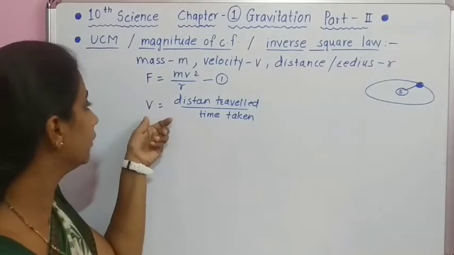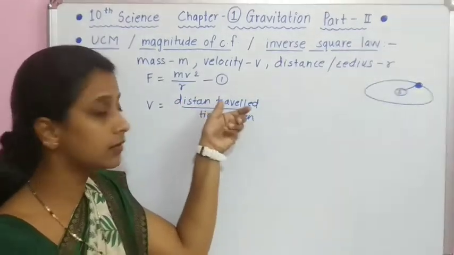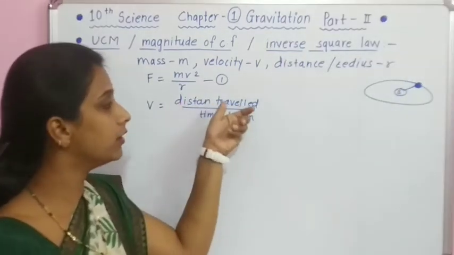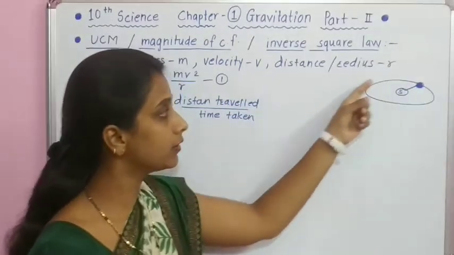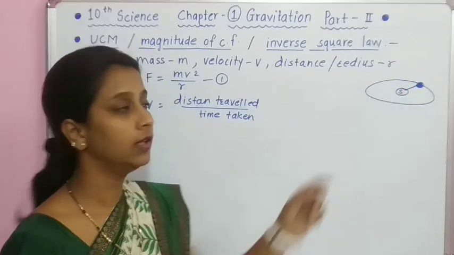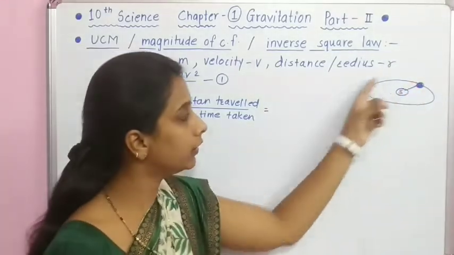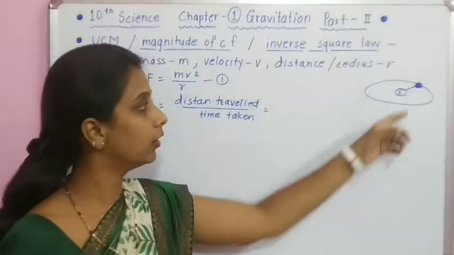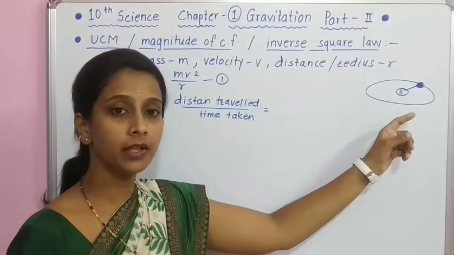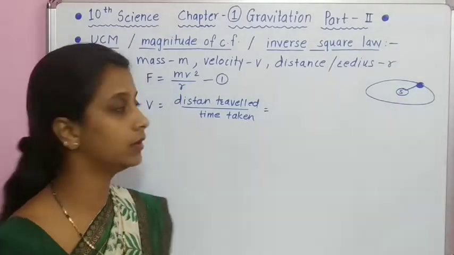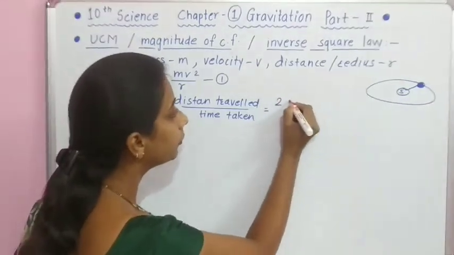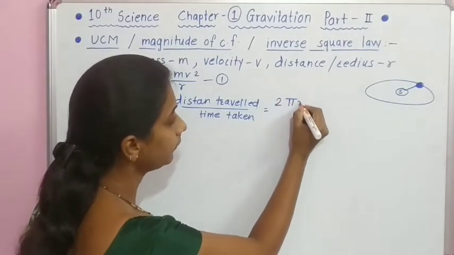So here v is what? The distance traveled by that planet, meaning it completes one revolution. Let us consider that distance as the perimeter of the path of the planet, or the perimeter of that orbit. So that will be 2 pi r.